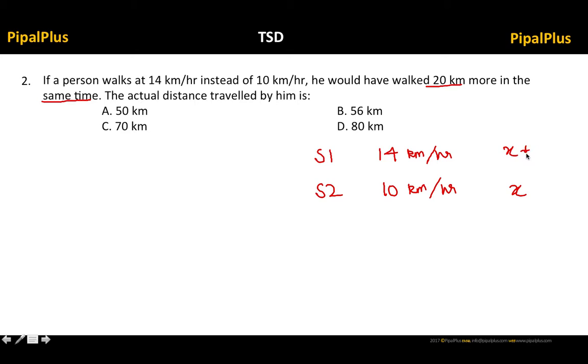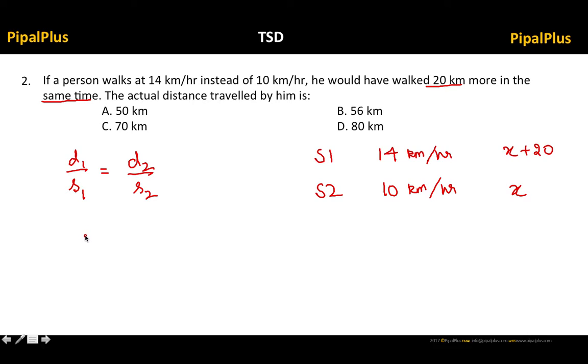So this is the distance that he's able to cover. Now, when for two situations time is equal, then we know that d1 by s1 equals d2 by s2, where d1 and d2 are the distances covered and s1 and s2 are the speeds with which the respective distances are covered, right?